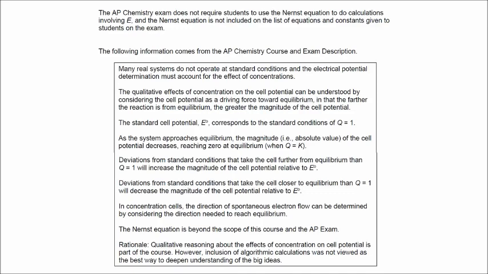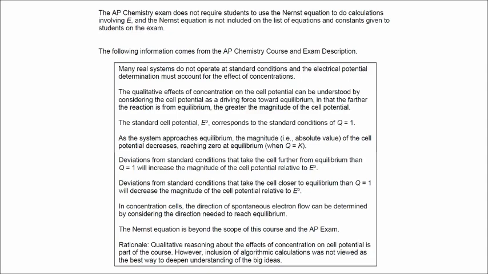Well, you can use it if you want to, if you memorize it. However, another way of dealing with reactions under non-standard conditions is to use a qualitative comparison. So we're going to talk about when Q is equal to 1, or when Q becomes larger or smaller than that. Let's take a look at these statements from the AP Chemistry course and exam description.